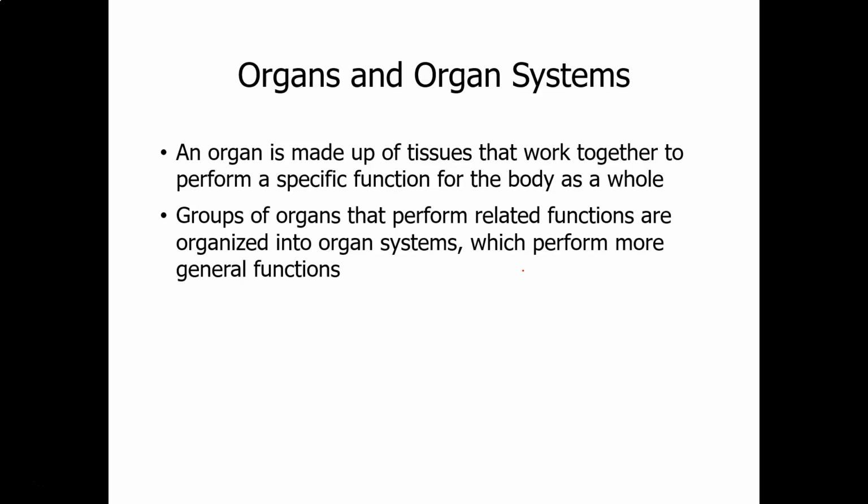So an organ is made up of a group of these different tissues that work together to perform a function. And then organ systems or body systems are groups of organs that work together to perform related functions.